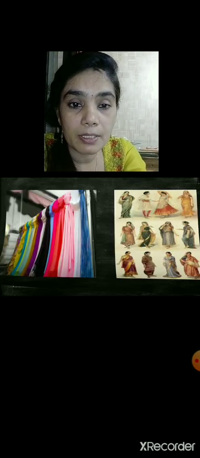But is it not amazing that even today we wear this type of clothes? Have you ever seen people wearing dhotis like this? Yes, nowadays also people wear dhotis, saris, lungis and turbans.